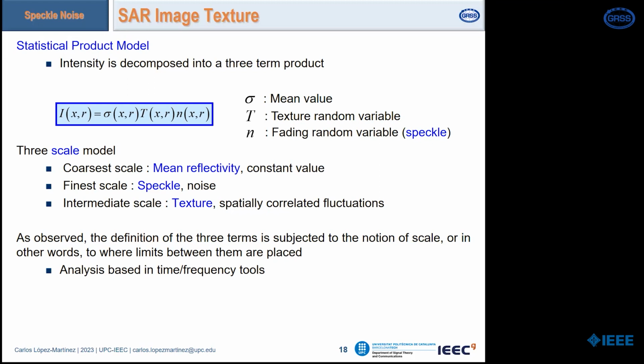It is a mid-level of randomness, which is low frequency. So we have the coarsest scale, which is the mean reflectivity, a constant value, the finest scale, which is the speckle, and one intermediate scale, which is the texture.